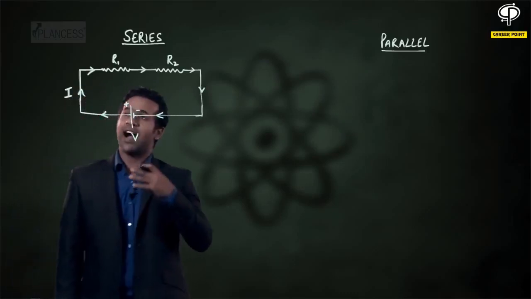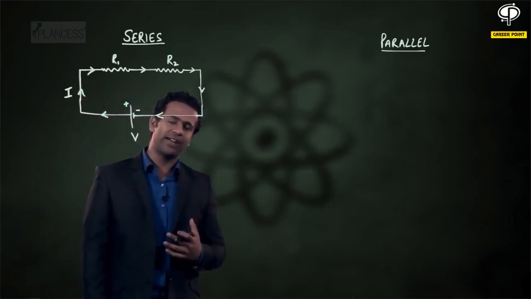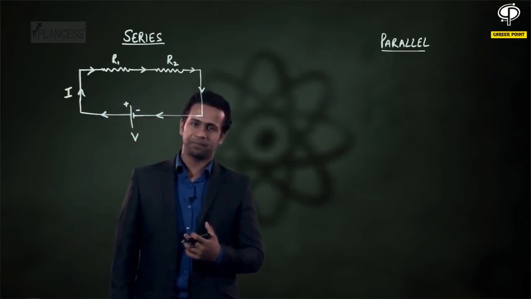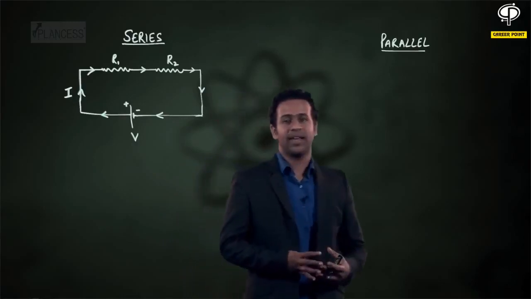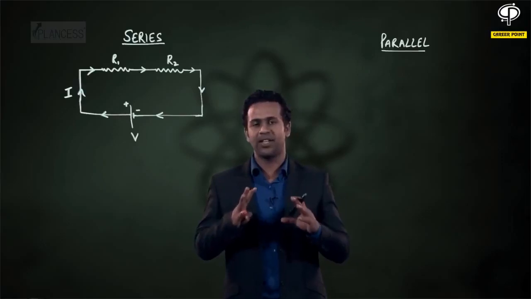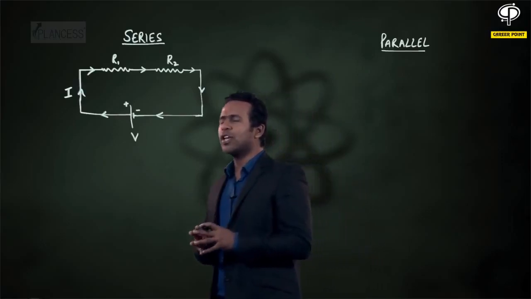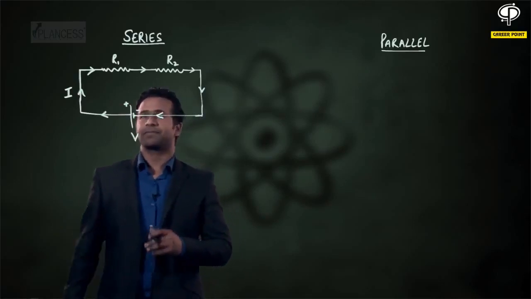Now, if I amount of current enters R1, the same amount of current must leave R1. That is the only way that R1 will remain neutral. And when current flows, everything remains neutral. You can also think of it through Kirchhoff's current law.